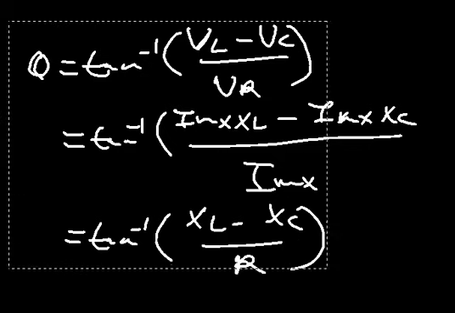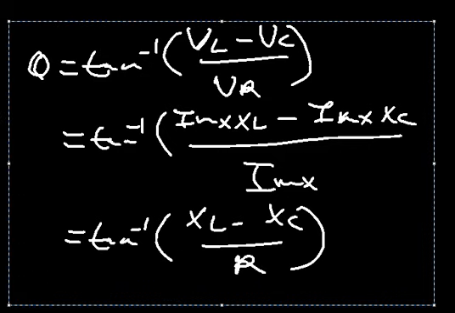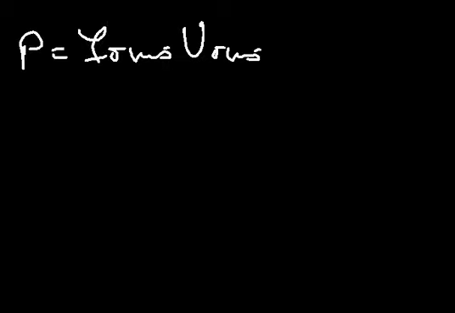And how about the power factor? What is the formula for the average power in our AC circuit? The average power is given as I root mean square times the voltage root mean square times the cos of theta, where theta is the phase angle.